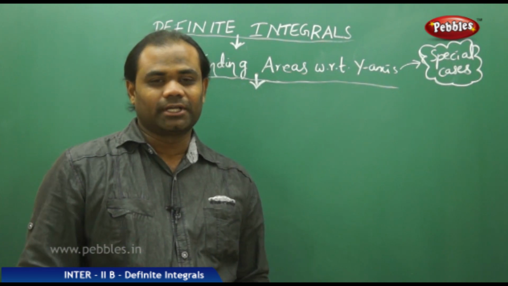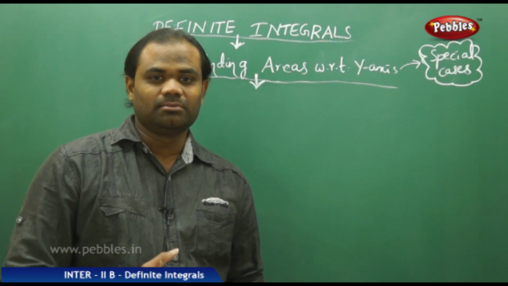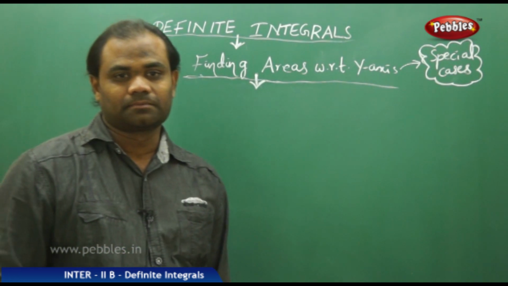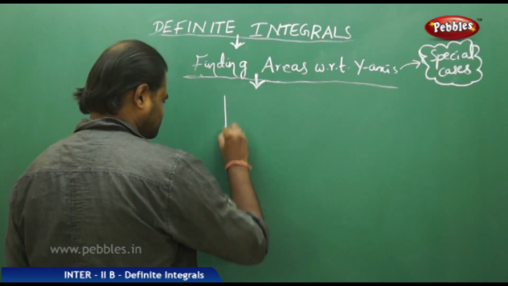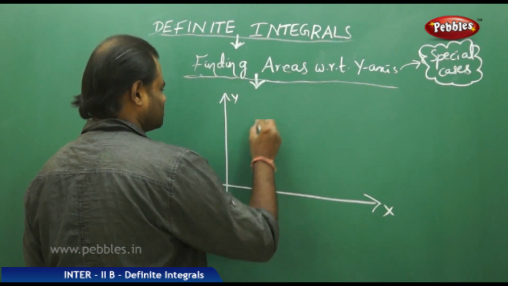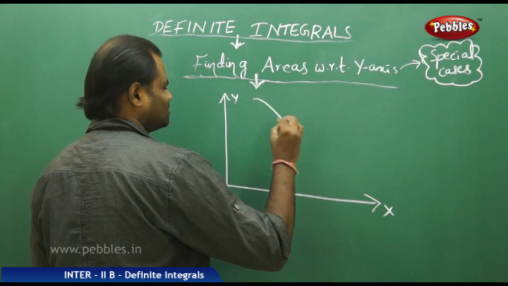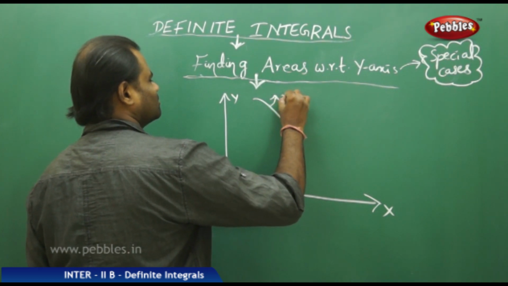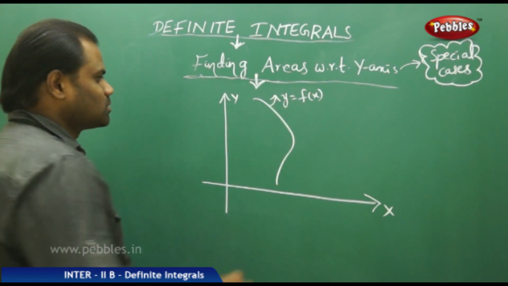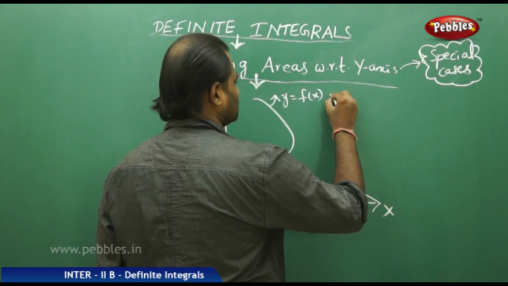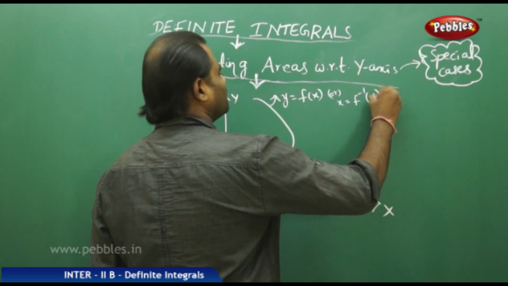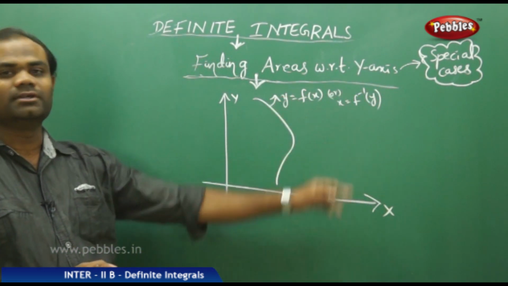So as we have seen the special cases with respect to x-axis, similarly let's see some special cases of finding areas with respect to y-axis. So in this case, suppose my curve is y equal to f of x, or x equals f inverse y, because when y is f of x, x will be this.